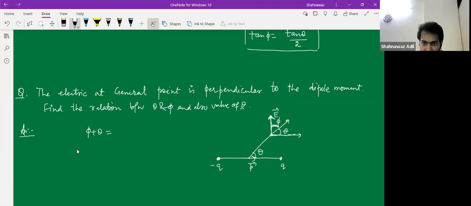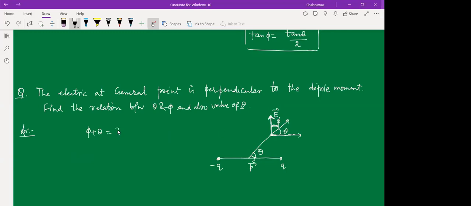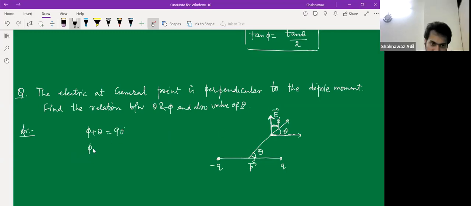When this electric field is perpendicular, theta plus phi is 90 degrees. So phi would be 90 minus theta. Understood? So this was the first part.